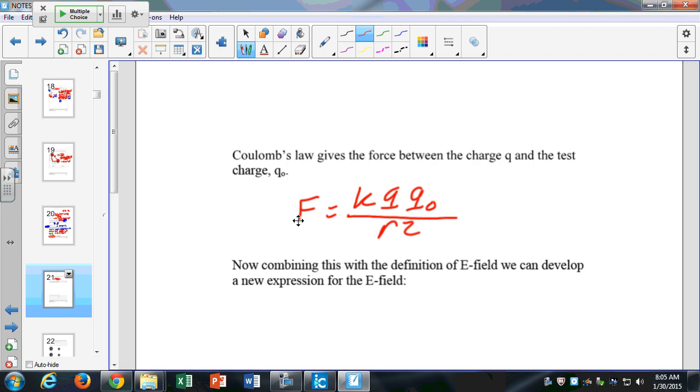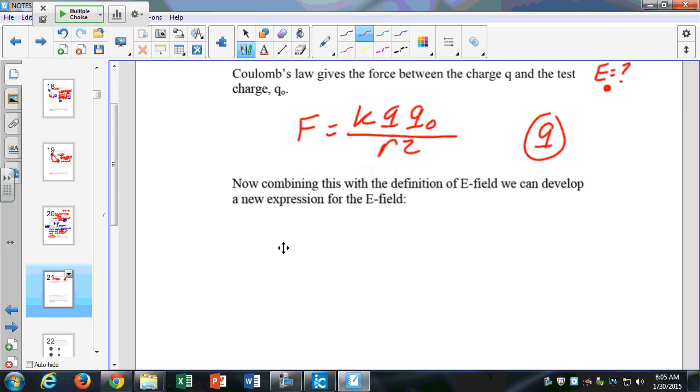So let's say that I have this charge Q here, and I want to know the electric field at some point out in space, some distance from that charge Q. I imagine my positive test charge Q naught being there, and I ask myself, what would the force be? But I also know that the electric field is defined as F over Q, in particular F over Q naught.